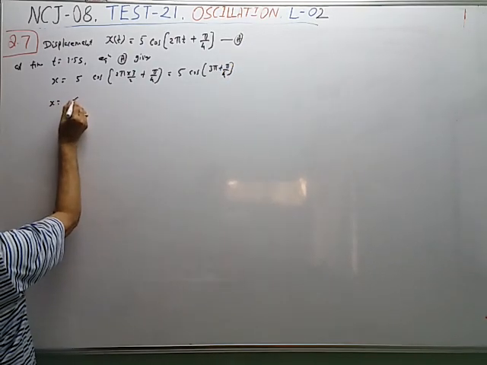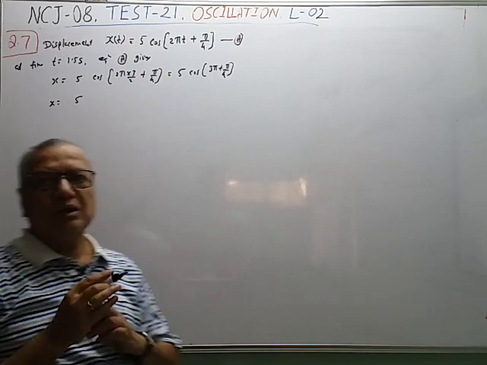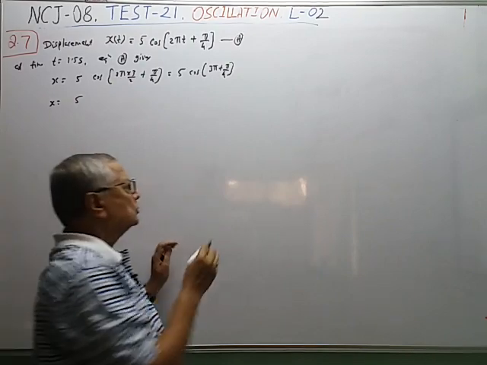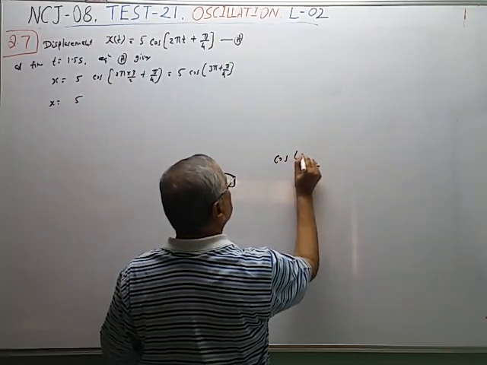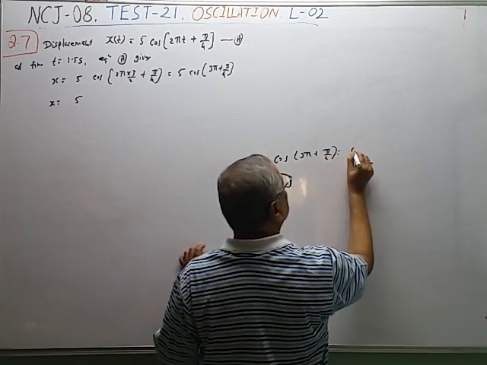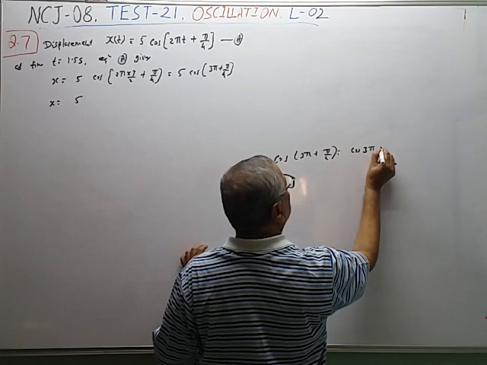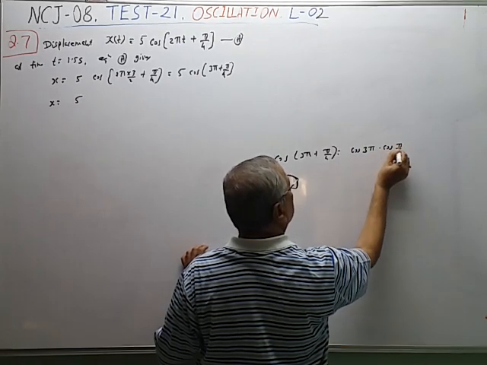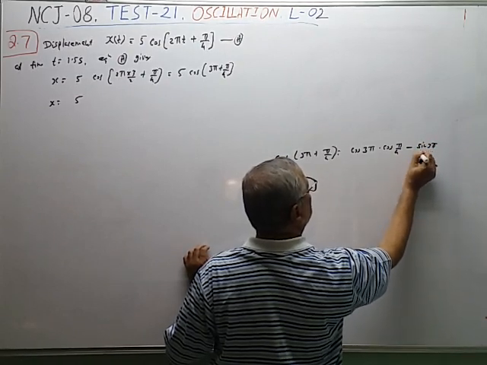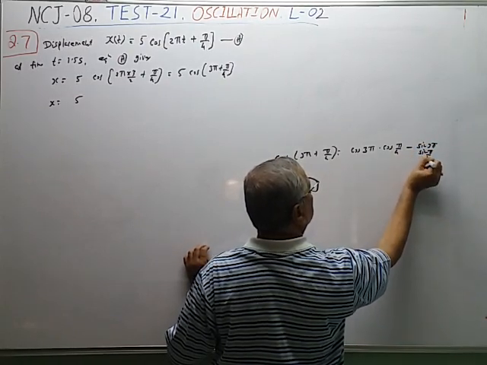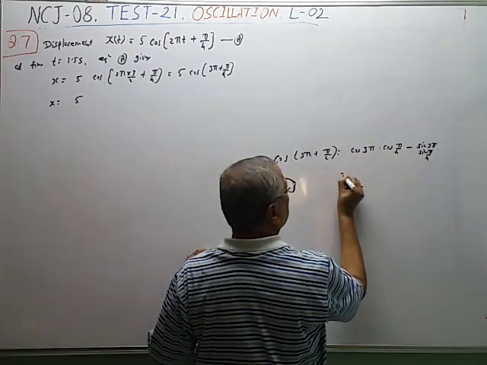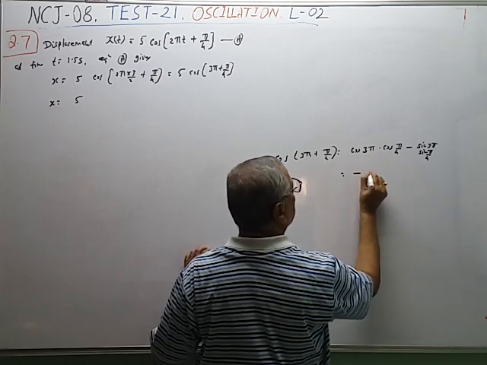Then x is equal to 5 times the cos of 3 pi plus pi by 4. We can calculate it separately using cos A cos B minus sin A sin B. So sin of pi is 0, sin of 2 pi is 0, sin of 3 pi is 0, and cos of 3 pi is equal to minus 1.